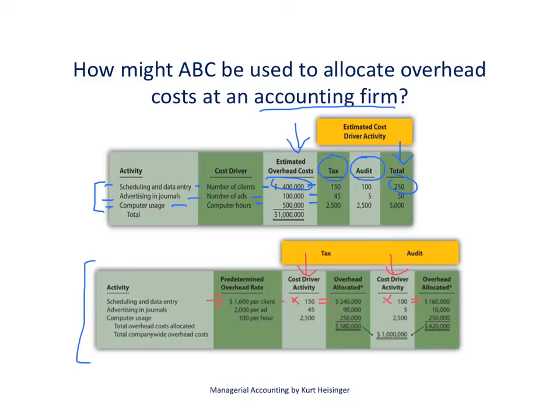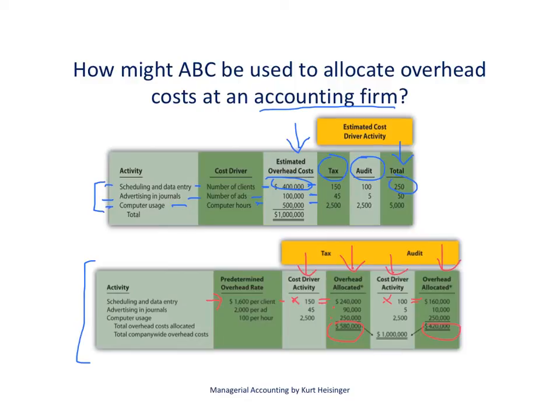And now that we have our overhead allocation amount right here and right here, we'll total it up, and we'll see that we have $580,000 in overhead that's been allocated to the tax area and $420,000 that's been allocated to the audit part of our company.